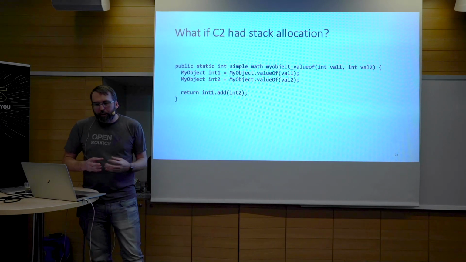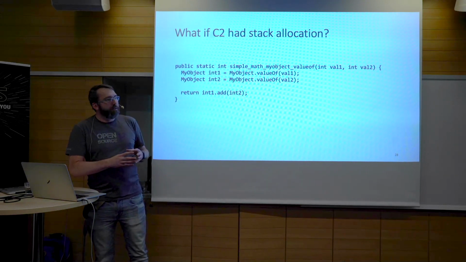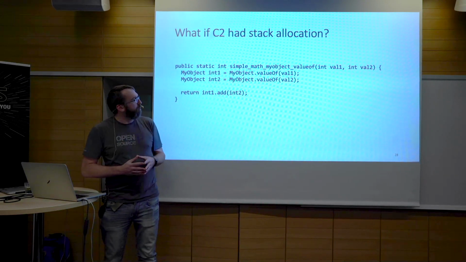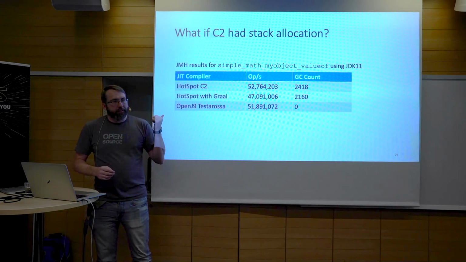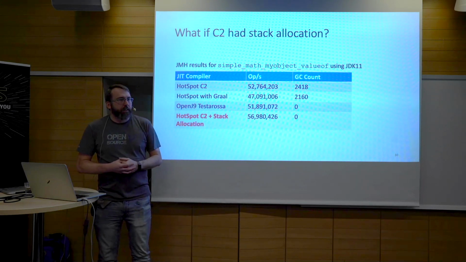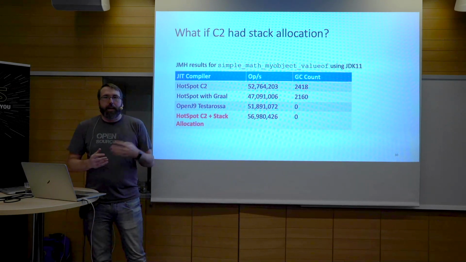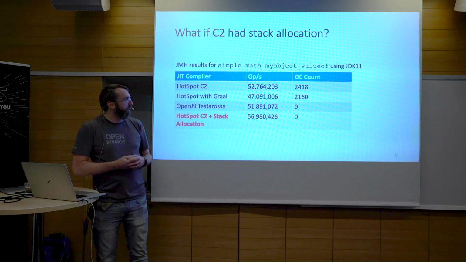So what if C2 had stack allocation? So my simple value of method again on my object. This is the results from before, no change to the chart. And if we had stack allocation, we were able to successfully get it. So again, it has no allocations or GC activity.